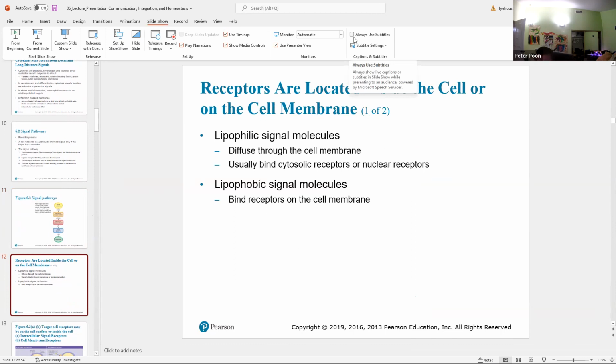First of all, there are two types of hormone signaling: lipophilic and lipophobic. And they do slightly different things. Okay, lipophilic loves fat.